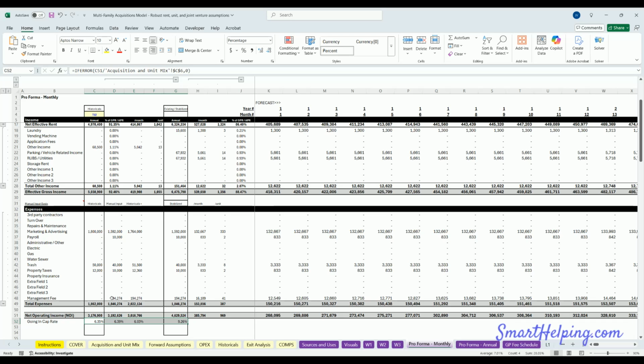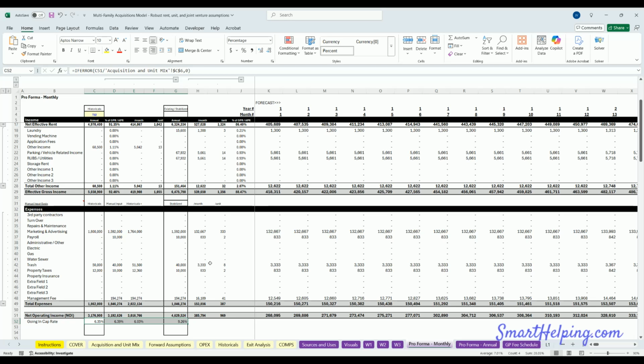If there's a huge value add opportunity, it might affect how much you're willing to pay right now if you think you can improve the net operating income to a point where the cap rate is high enough that it makes sense. And again, the higher the cap rate, the lower the purchase price. So obviously as a buyer, your goal is to buy it for the lowest price possible, which is the highest cap rate you can get.